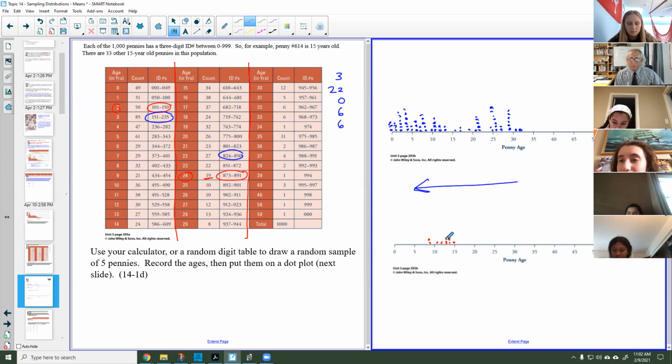And 15. And the last one is 11.3. Good, thank you. Okay, Abby, what do you got? Rattle them off quick. I got 7.1, 6.8, 5.2, 11.3, and 9.5.